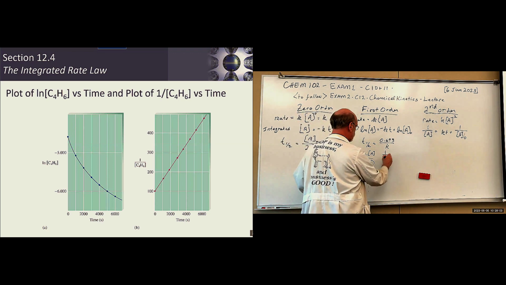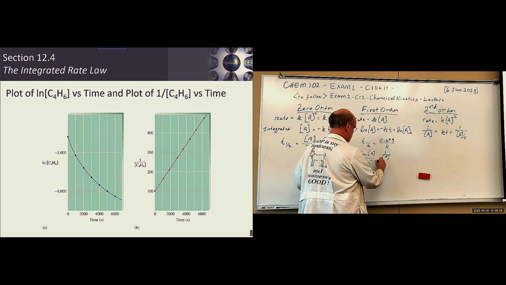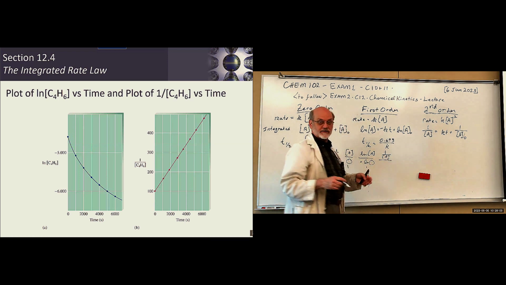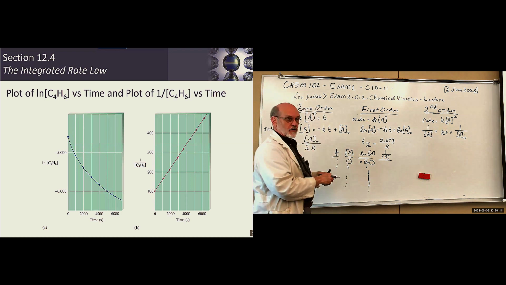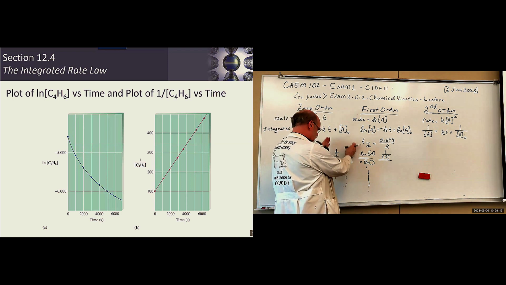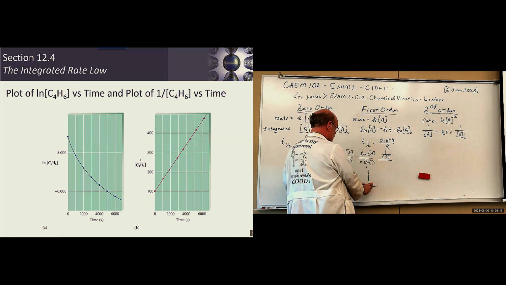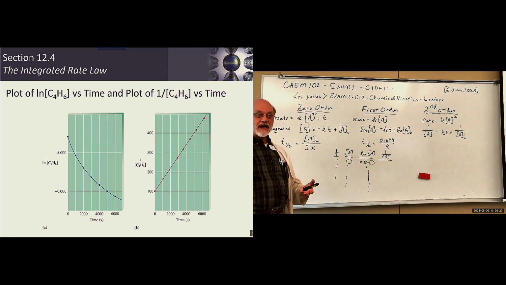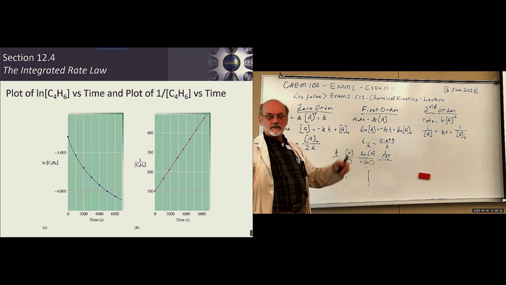And then you can do the inverse in your Excel spreadsheet. Then you can chart them: build a chart with these two, build a chart with these, and see which one is the straight line. The straight line will tell you what the order is, 0, 1, or 2.